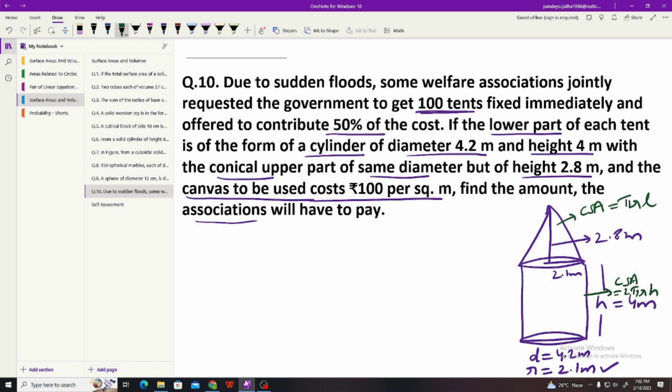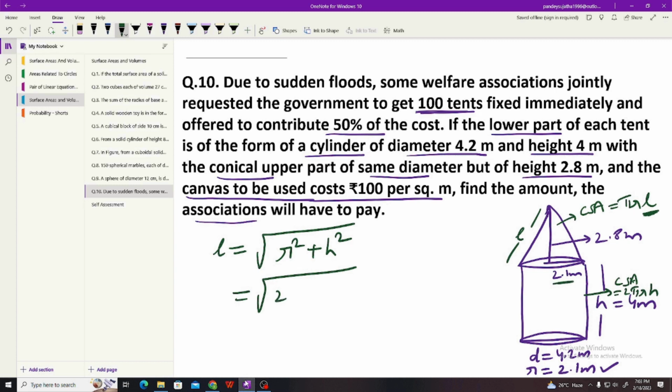So we need to find the slant height of the conical part of the tent. Slant height is equal to root of r square plus h square, where the radius is given as 2.1 meter whole square plus height is given as 2.8 meter whole square.